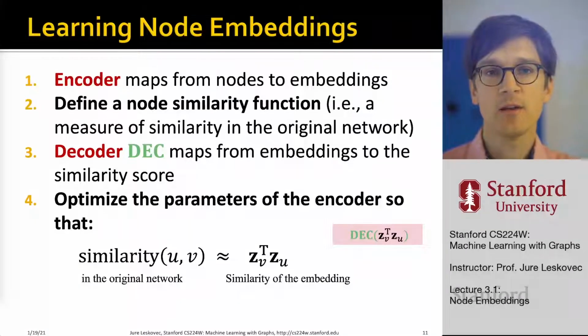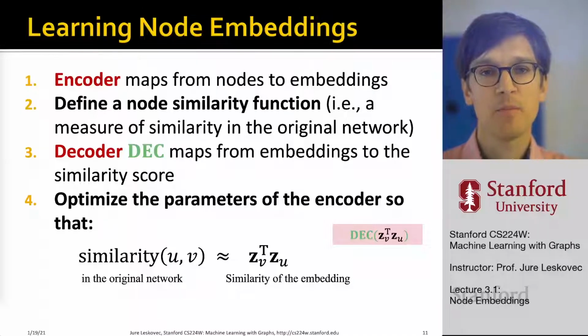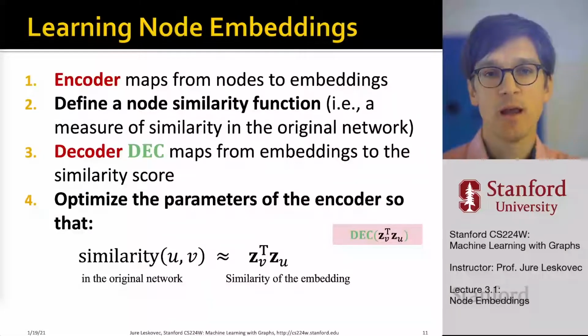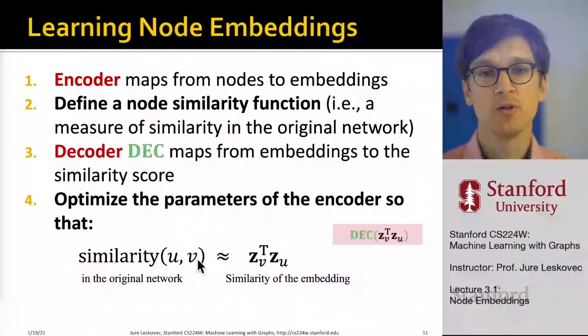We need to define a node similarity function, a measure of similarity in the original network, and then the decoder maps from the embeddings to the similarity score. And then we can optimize the parameters such that the decoded similarity corresponds as closely as possible to the underlying definition of the network similarity, where here we are using a very simple decoder, as I said, just the dot product.